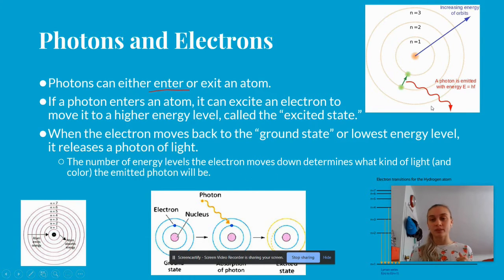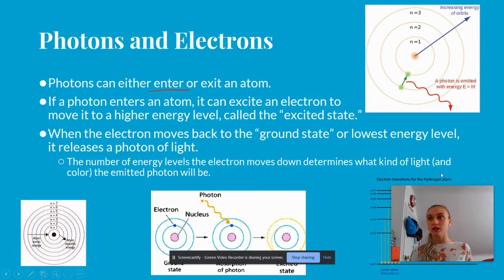And so this you don't really need to know. I just kind of put it in here for context. But say instead of moving from 2 to 1, maybe you're moving from 3 to 1. That amount of energy is going to be different than moving 2 to 1. So the amount of energy released going from 2 to 1 is going to be different from the amount of energy released going from 3 to 1, okay? And so the amount of energy a photon has determines what color it is.